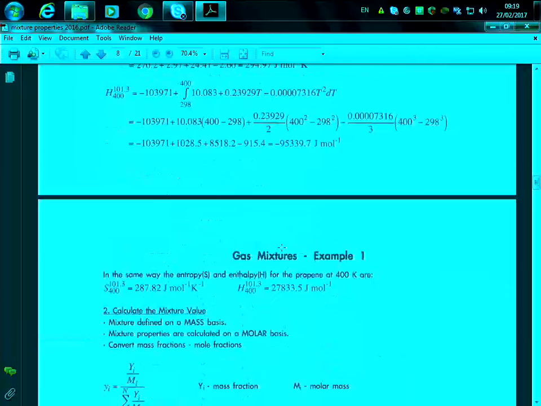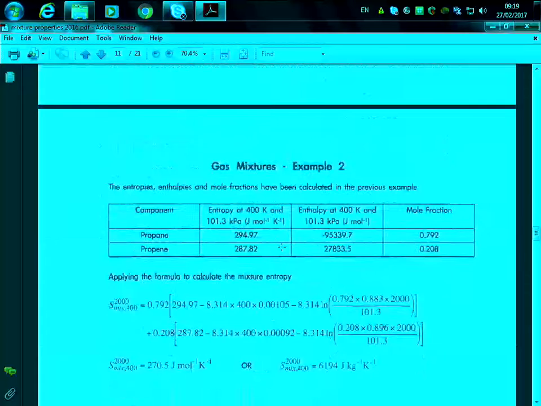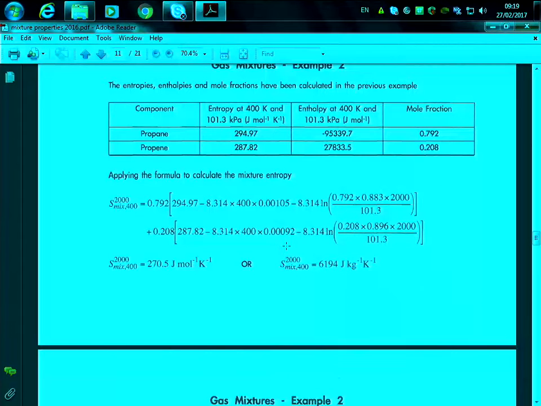So we have R, 8.31, T 400, and then that derivative was given by the system, okay? And then we have again R, a natural logarithm of what we have the conditions in there, okay? And this will be for the propane and the propene. We add them together and then we have the entropy of the mixture.